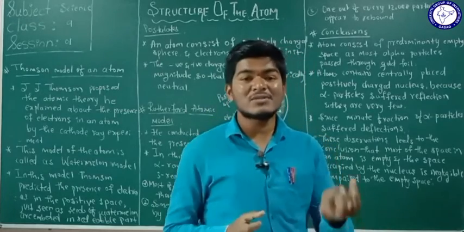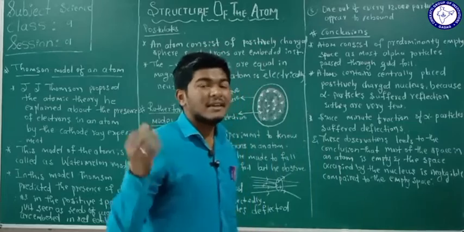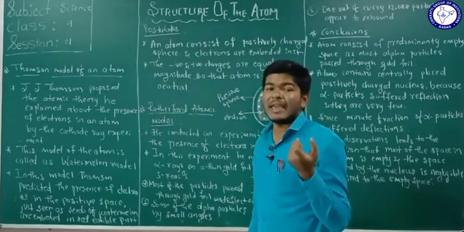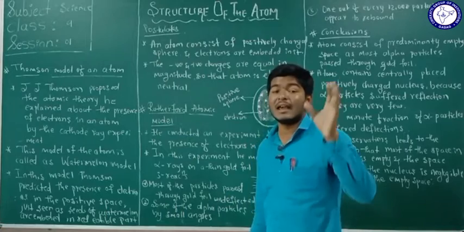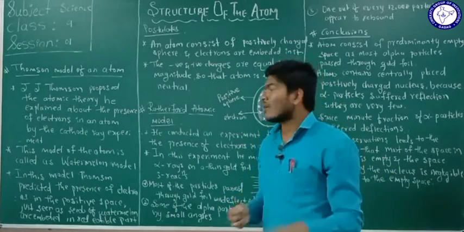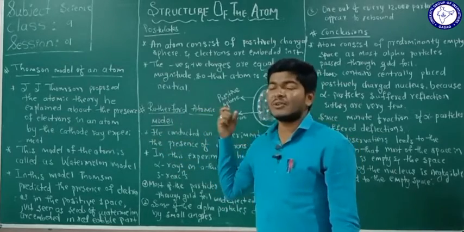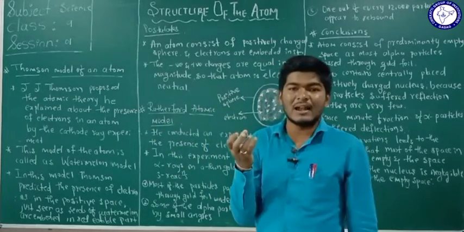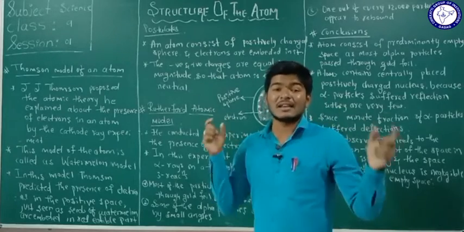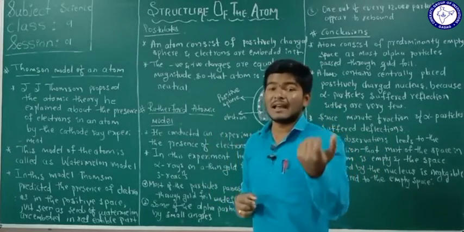How does he say this? Because he made an experiment. According to the cathode ray experiment, he concluded that atoms have other subatomic particles. Based on the cathode ray experiment, he observed that some radiations come along with the cathode rays.